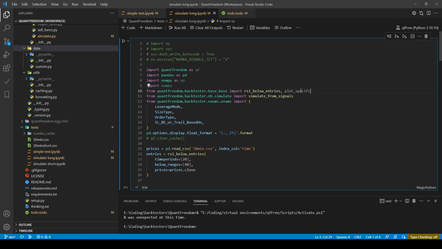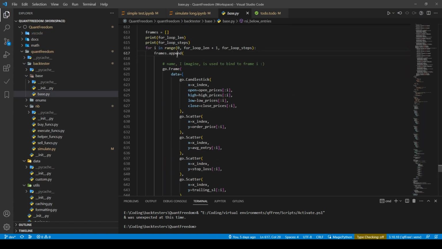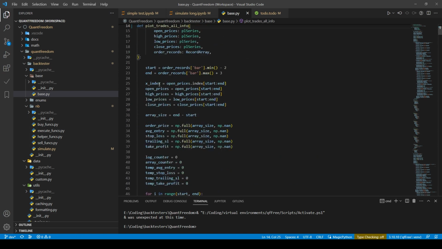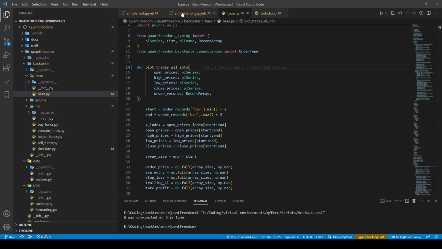Plot specific trades. Plot trades all info. That's what we'll do. That's what we'll call it. Plot trades all info. Okay.